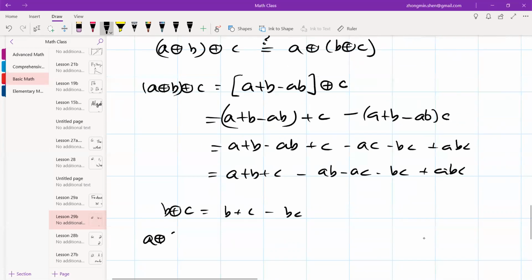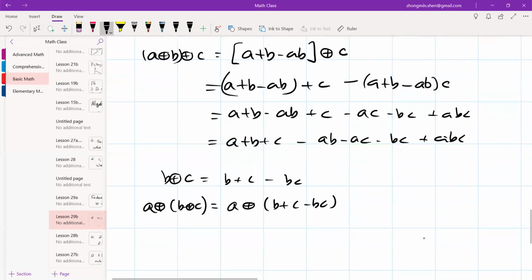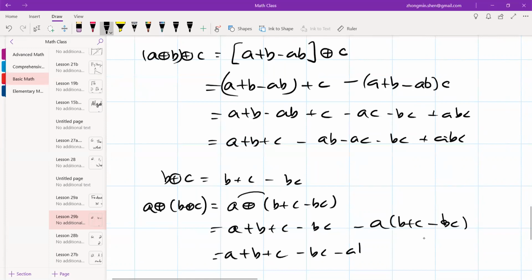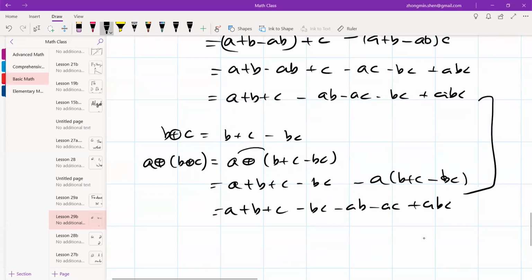So A circle-plus that quantity is A plus B plus C minus BC, minus A times B plus C minus BC. You will be surprised that we get the same formula at the end. So this is the same, but not always, just for this special one.